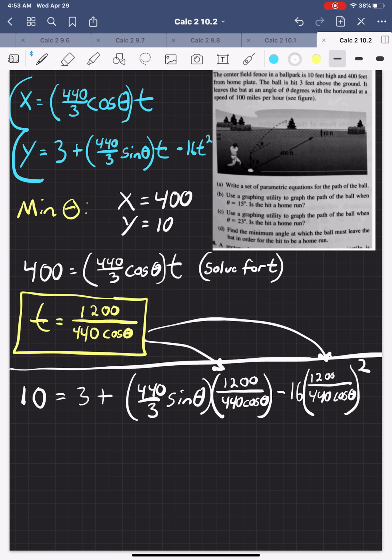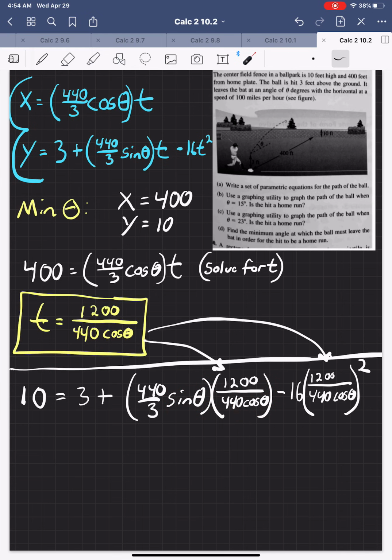Now, at this stage, this is the part that I'm going to tell you, but I'm not going to work out all the details. At this stage, you're going to need to first do some combining. You'll have a sine over a cosine, which you could turn into tangent, and that's what I'm going to do.